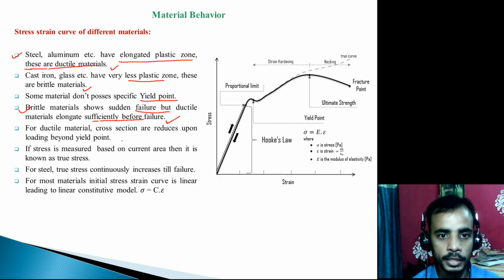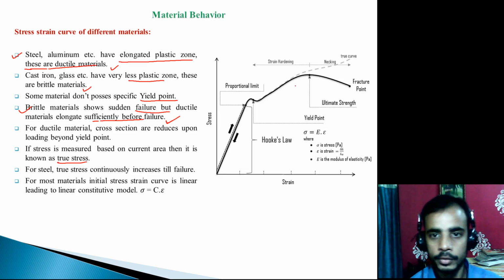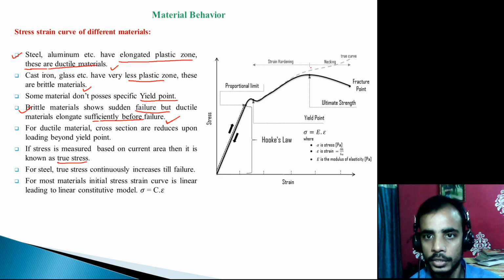If stress is measured based on the current area, then it is called the true stress. And you can see from this diagram, for a steel, this is the true stress strain diagram. Up to the elastic limit it is the same, but from the elastic limit it deviates.